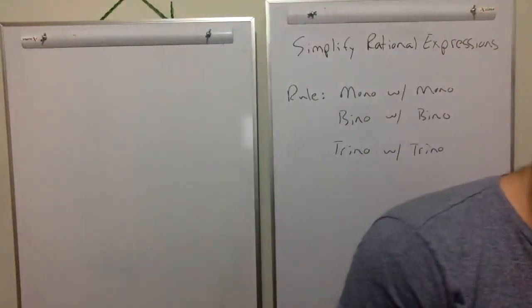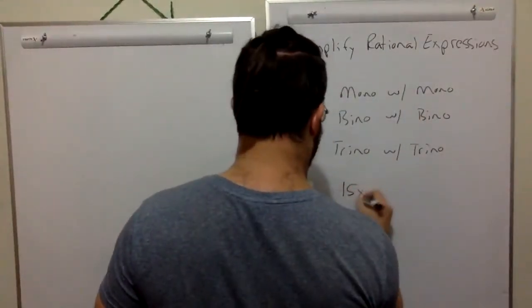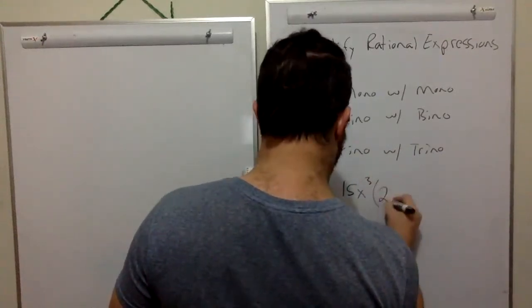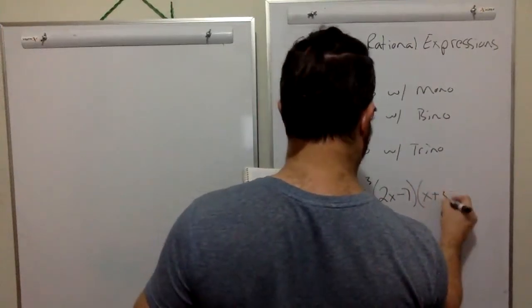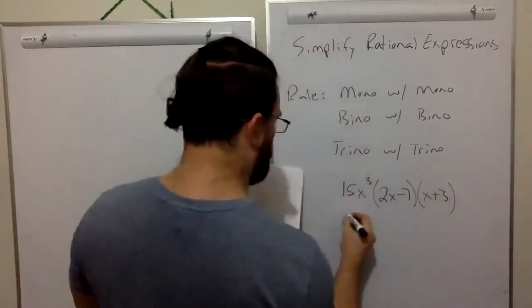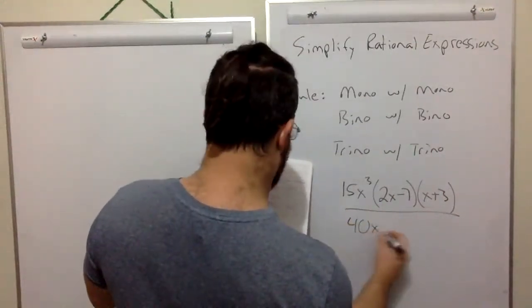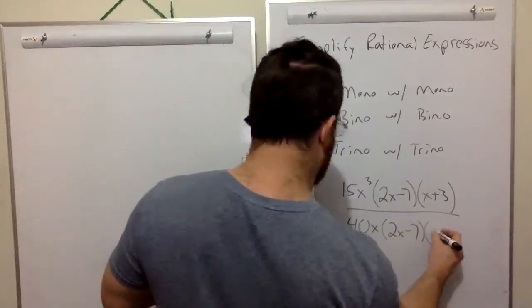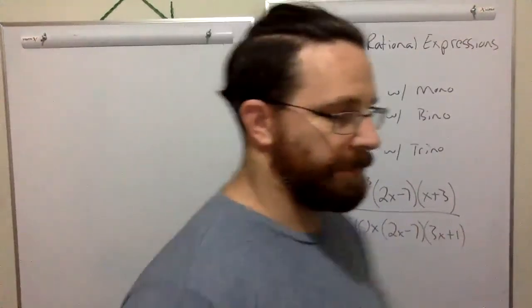So let's say I've got 15x cubed times 2x minus 7 times x plus 3. And then here I've got 40, x, 2x minus 7, and 3x plus 1. All right.